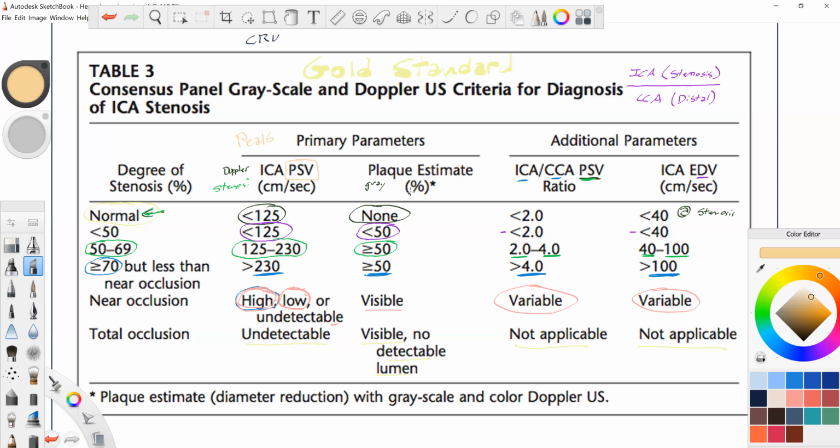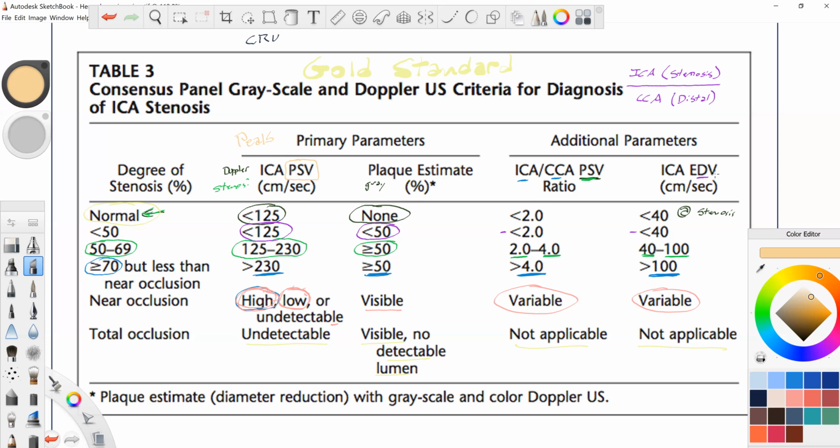Plaque estimate, of course, ICA, CCA, peak systolic velocity. Usually, the CCA does not have a stenosis, so the ratio will make sense. The CCA will be traveling at a somewhat normal pace, and the ICA will be traveling at a much higher velocity if there is a stenosis, and our ratio will increase more and more.